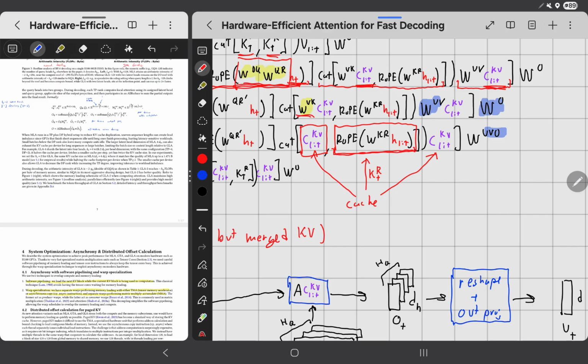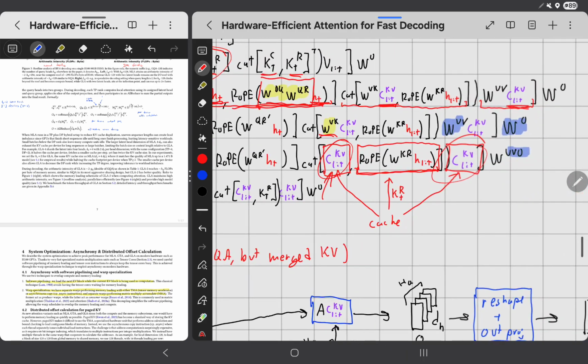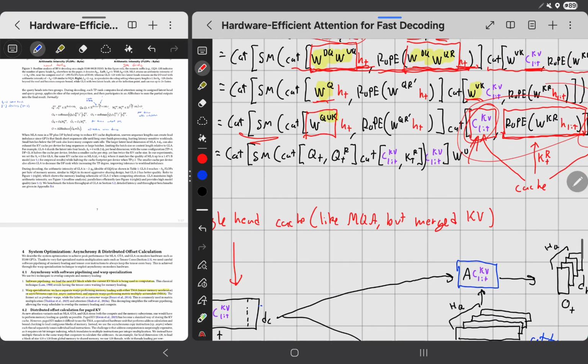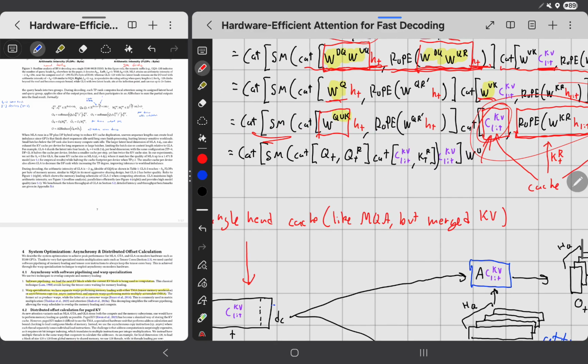And yeah, this is the same here as this one right here. It's just kind of duplicated, where this one is for the keys and this one's for the values. Then during your cache, it's these two matrices here. And then during inference, you're going to use this formula over here, where the queries come from this projection right here.